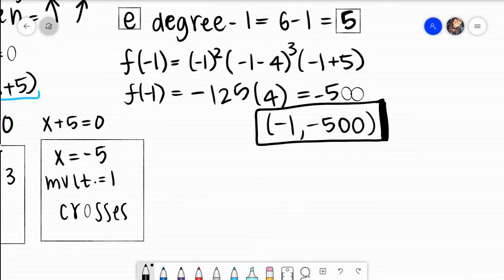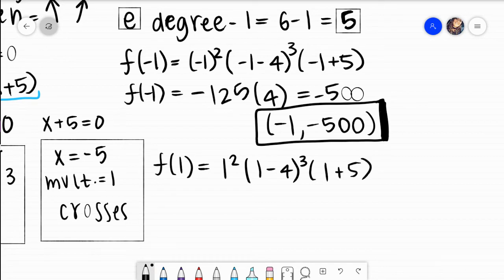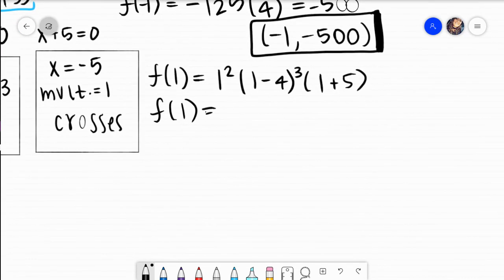Okay, so we're also going to do f of 1, which would mean to take my function and plug in a positive 1. And this is still following the exact same format I've been following. My f of 1. 1 times 1 is 1. Again, because it's 1 and we're dealing with nothing but multiplication, I don't actually have to necessarily write that 1. If you look at 1 minus 4, 1 and a -4, signs are different.